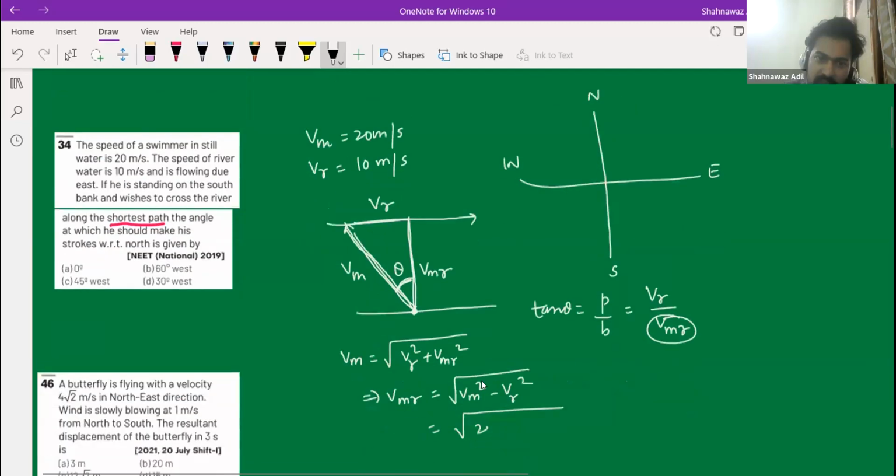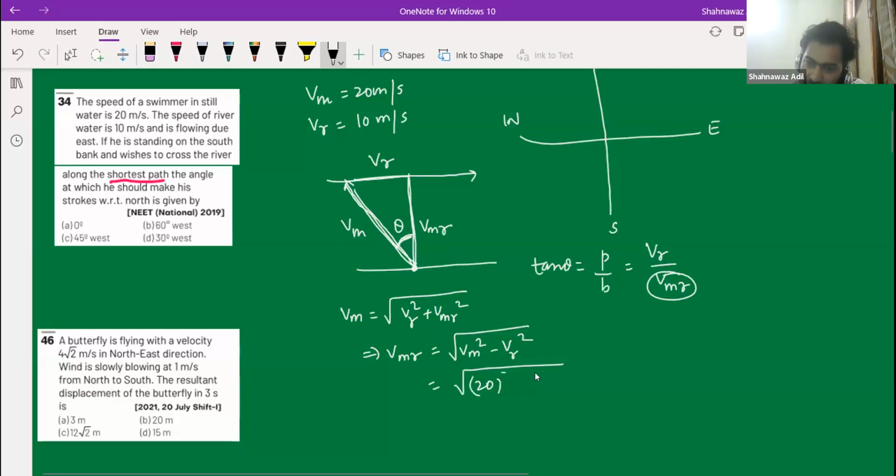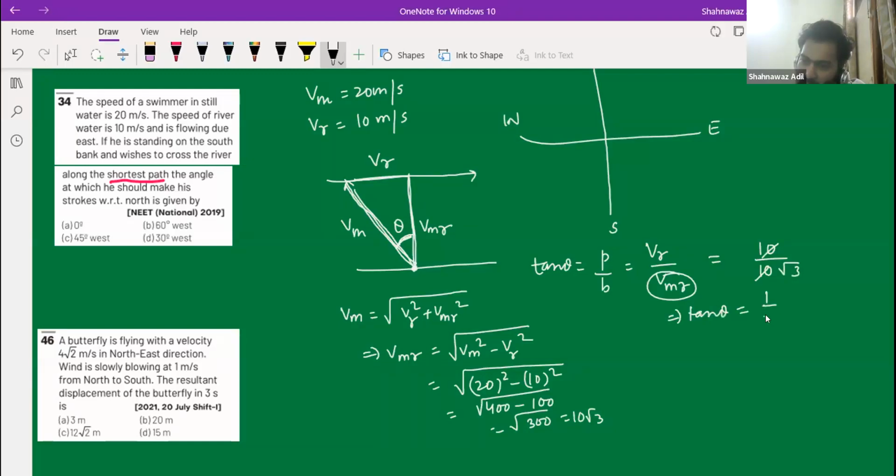So this is 20 square minus 10 square, 400 minus 100, and then this is root 300. So this is 10 root 3. So we can now calculate the angle. VR is 10, VMR is 10 root 3. So this thing will cancel, and tan theta will be 1 by root 3.